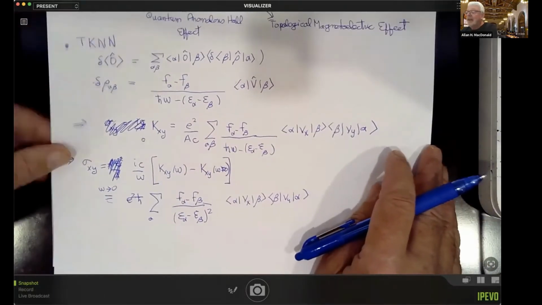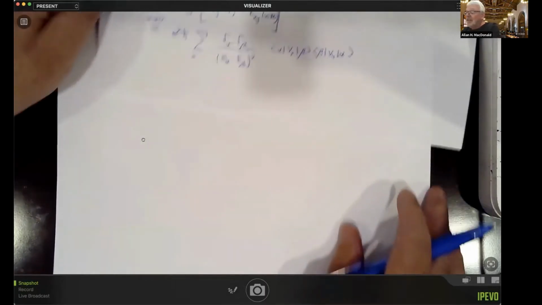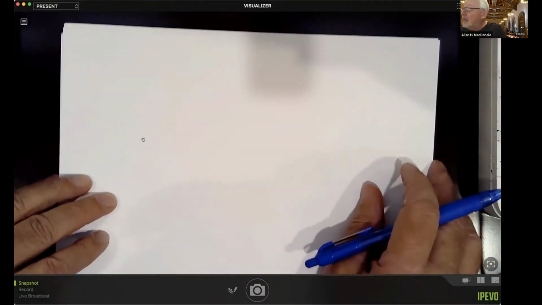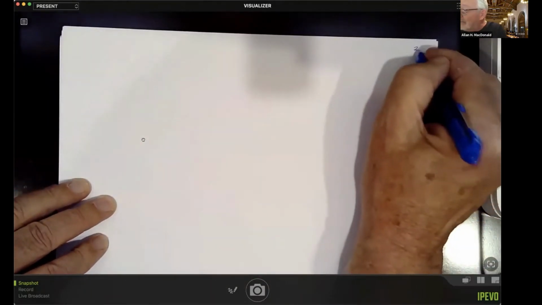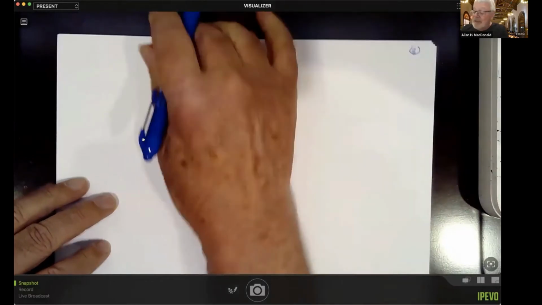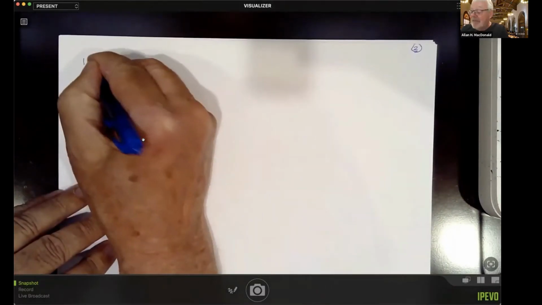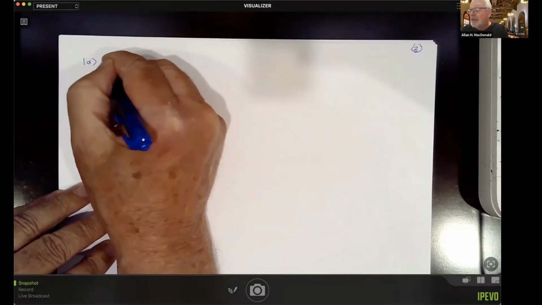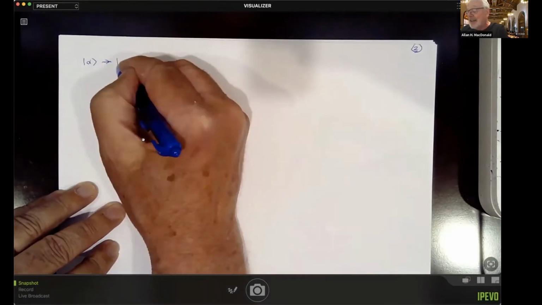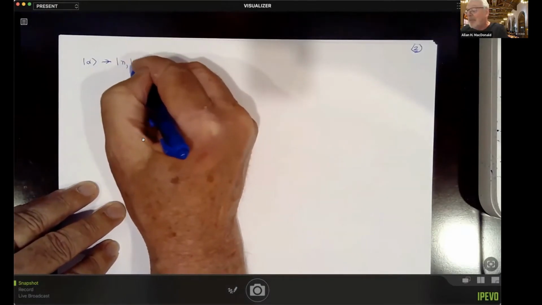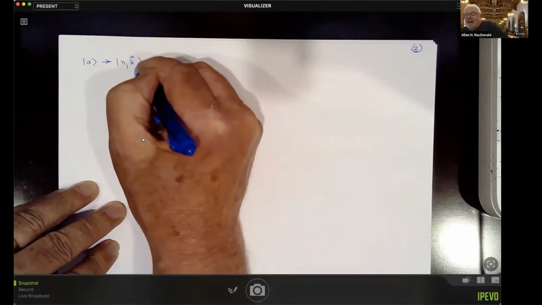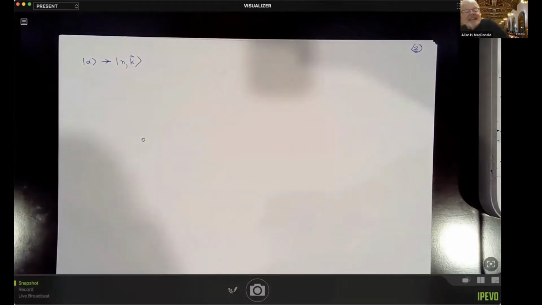And if we now specialize to the case of a two-dimensional insulator, so state alpha, now we go to a two-dimensional crystal, I should have said. So the states are labeled by band indices and wave vectors in a two-dimensional Brillouin zone.